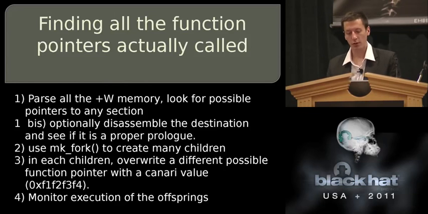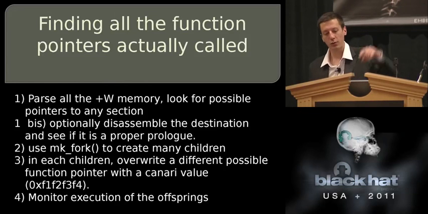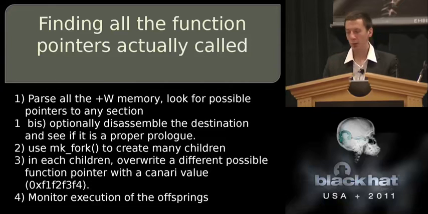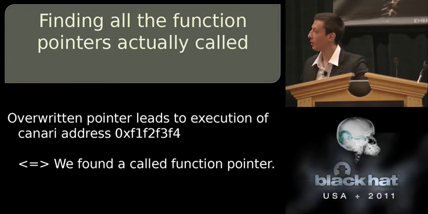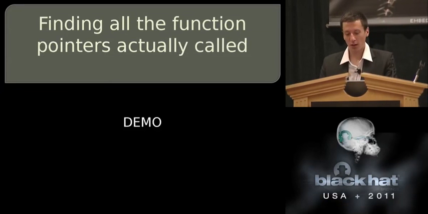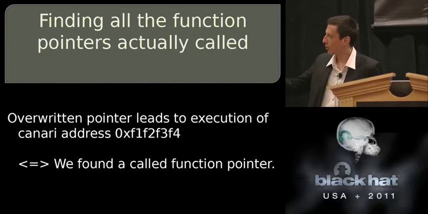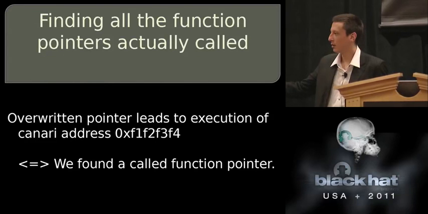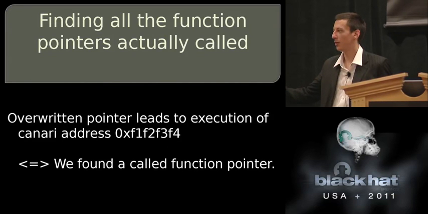In each child, we overwrite with F1, F2, F3, F4 all those possible function pointers we found. And then we monitor execution of all of them. So if we end up in one of the offsprings executing memory location F1, F2, F3, F4, we just found a function pointer. It's important to notice that it's equivalent: it's not possible to miss any function pointer if we proceed this way, right?